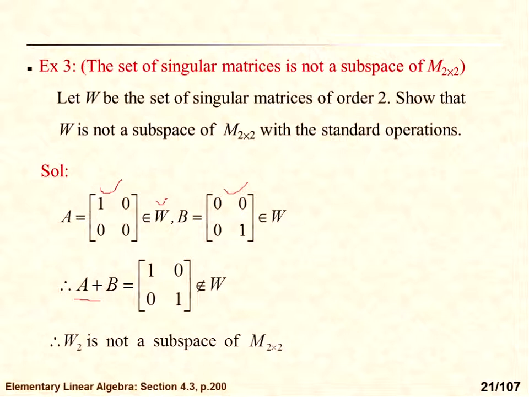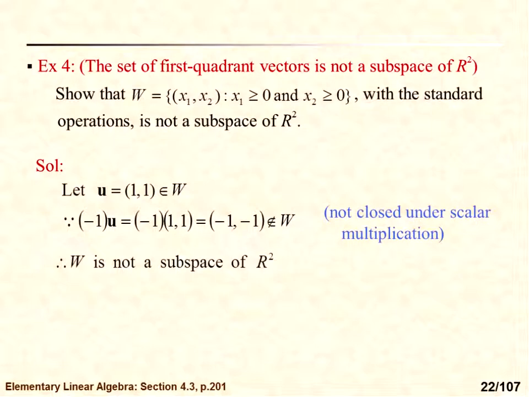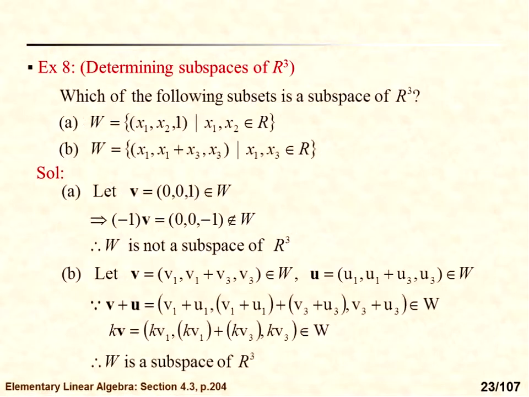But if we add these two matrices, then we observe that it is a new matrix and it does not belong to either of them. So we directly say that it is not closed under addition. So it is not a subspace. So W2 is not a subspace of 2 by 2 space. And these are some examples we'll see.